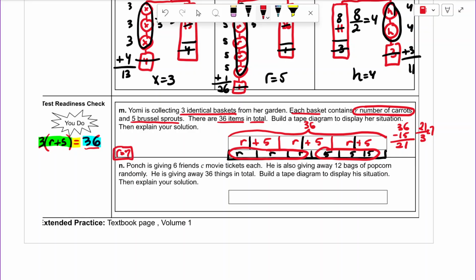What can we say about that? Well, we can say that the 7 stands for carrots. So Yomi has 7 carrots per basket, or Yomi has 7 carrots in each basket.